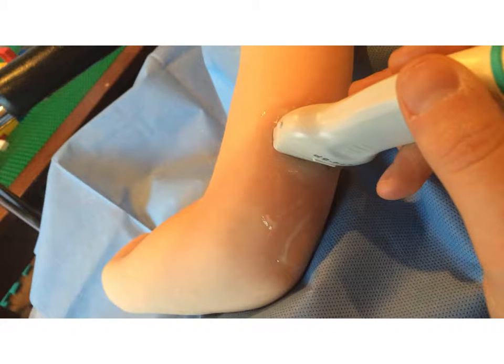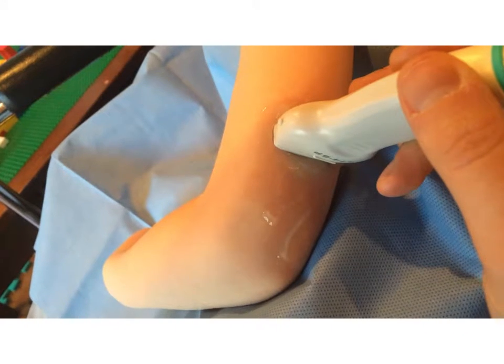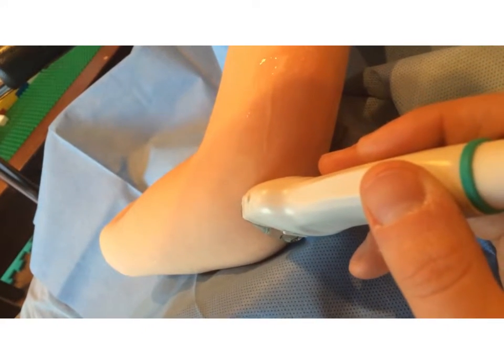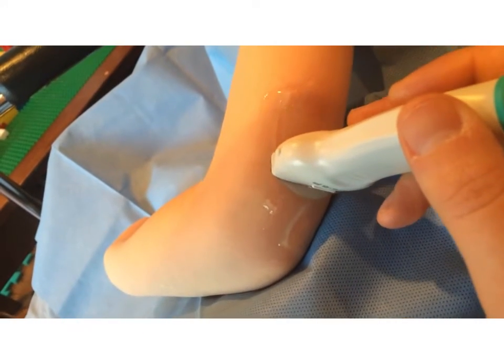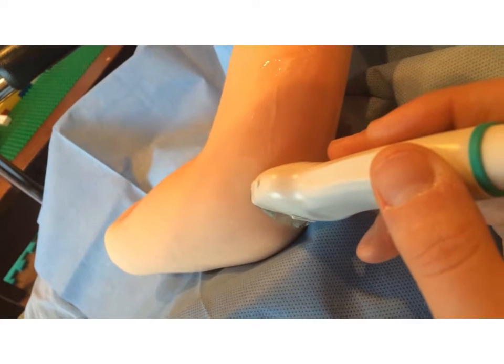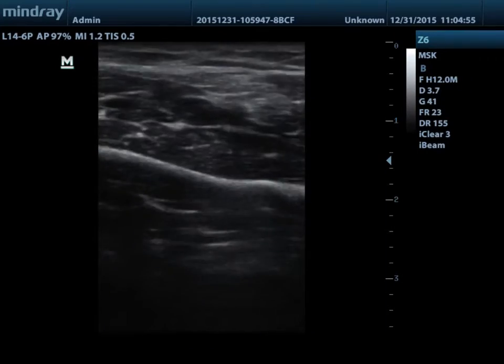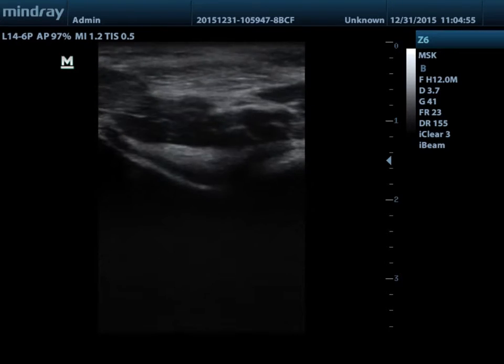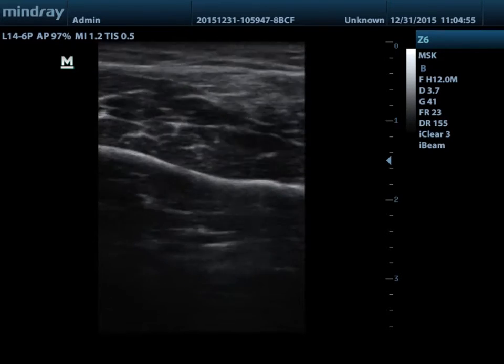We can also view the distal humerus from a posterior approach in its short axis, or transverse view. We again begin over the mid-humerus posteriorly and slide the probe distally until we identify the olecranon fossa. This is what the view will look like on the screen as you slide from proximal to distal in the transverse plane.